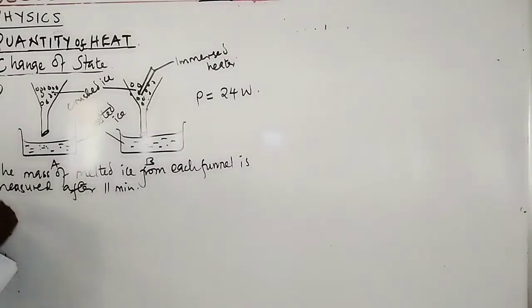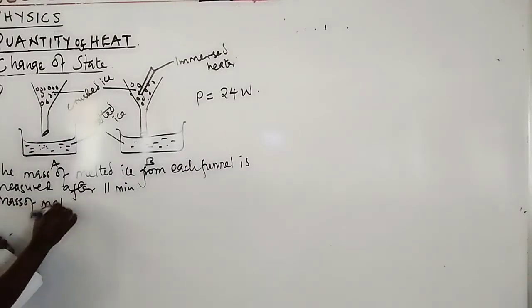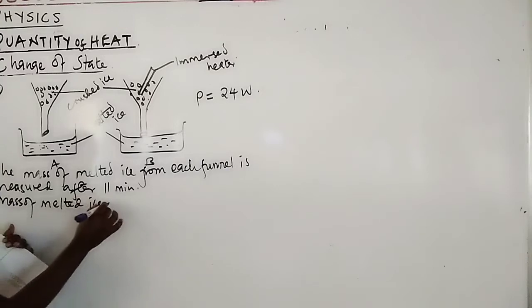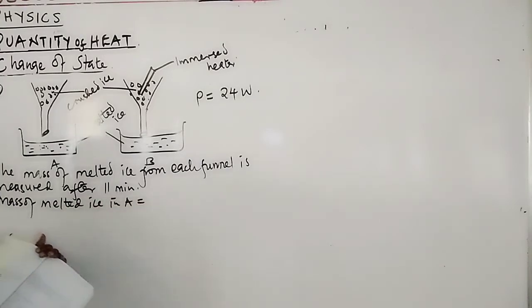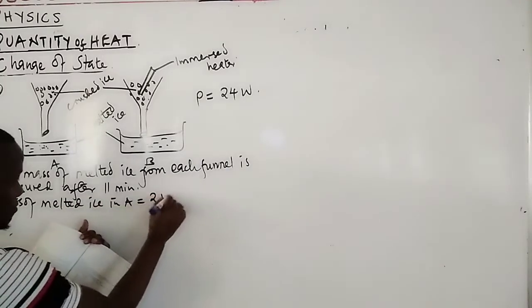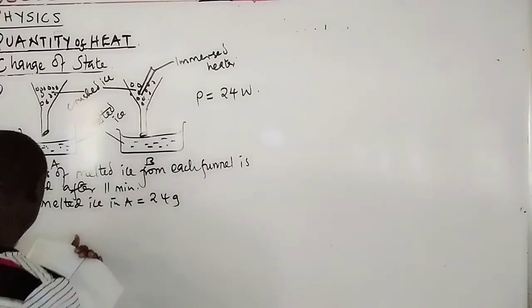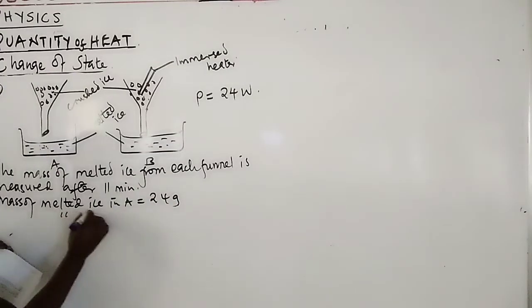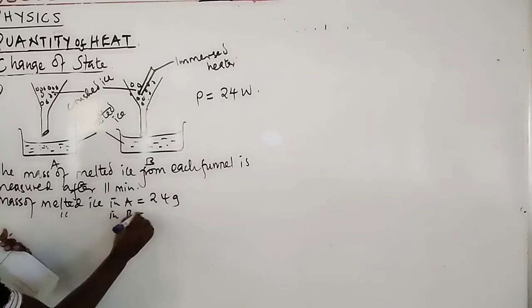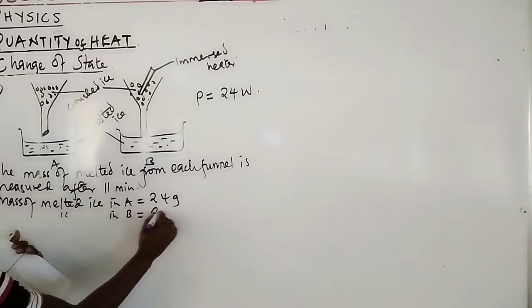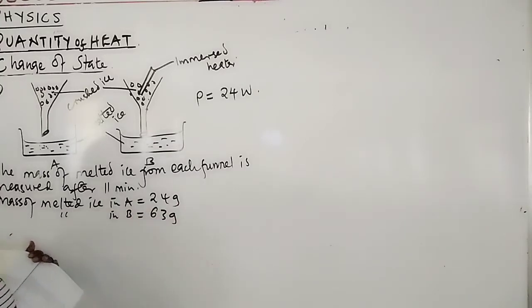Mass of melted ice in A is given as 24 grams. Mass in B is given as 63 grams.